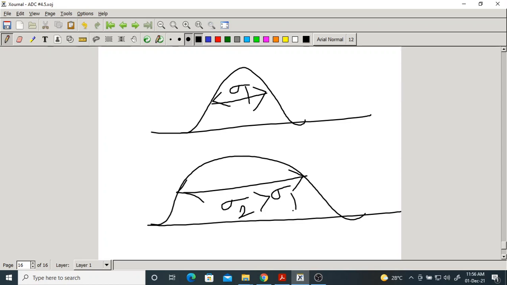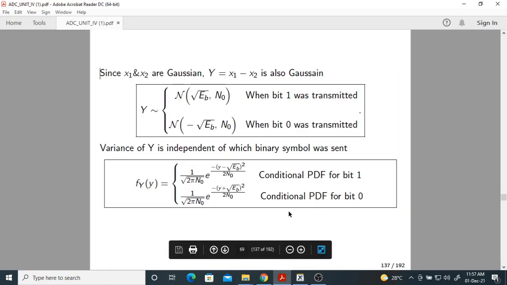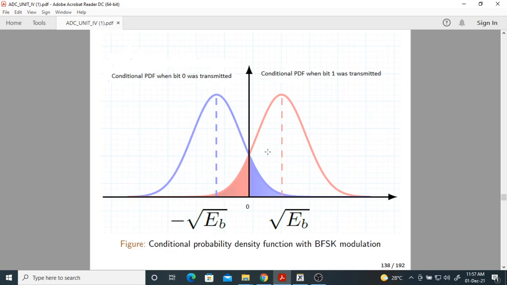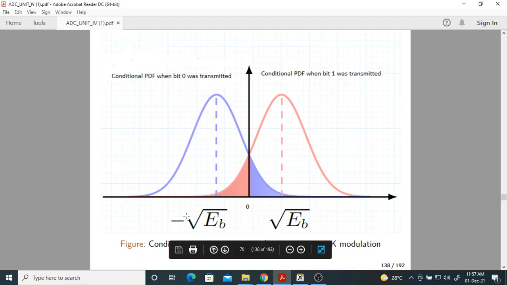The shape is still bell shape. Now I can use the same graph. It may be a little bit stretched, but more or less it is the same, because the graph is symmetric about the origin, because the means are negatives of each other.